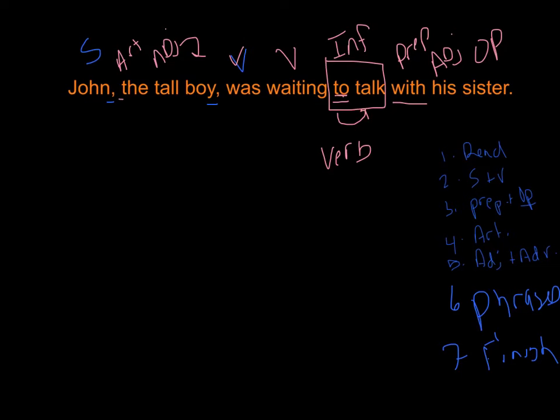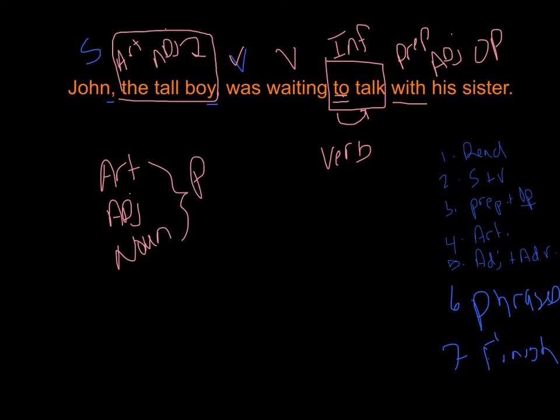Because right here, the tall boy, it always starts with a noun. Well, I should have been very careful, because it could be an article, adjective, or noun that starts a participle.